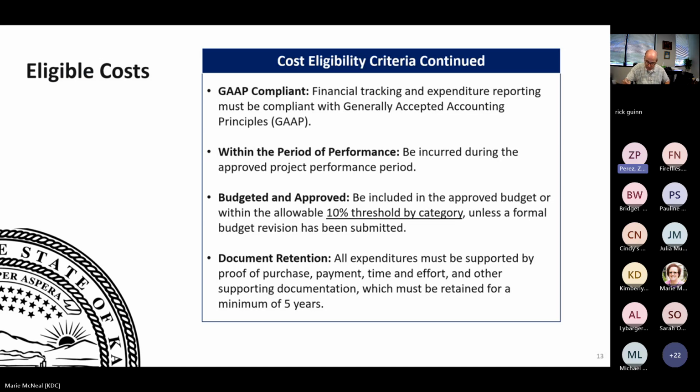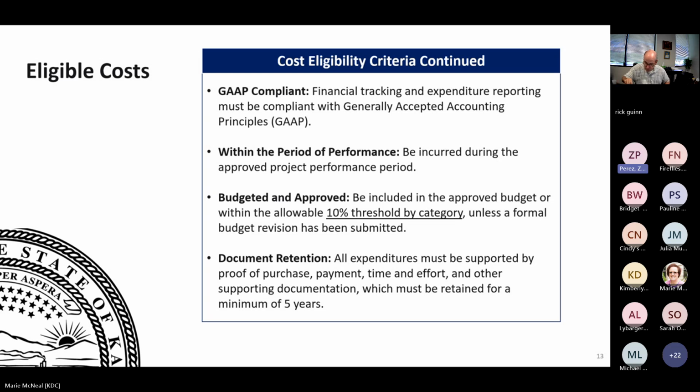If you do the calculation on how much you're over, as long as it's within 10% of that budget category, because there are multiple categories, you'll have personnel, capital outlay, other, and so on.